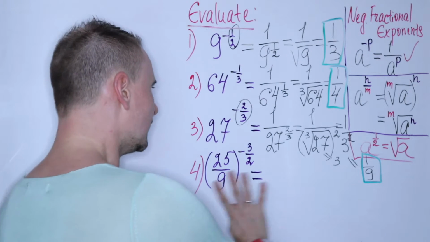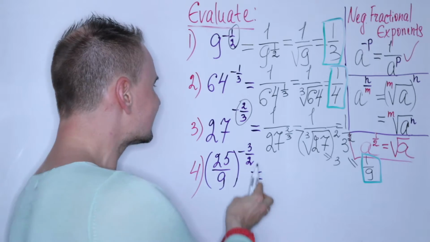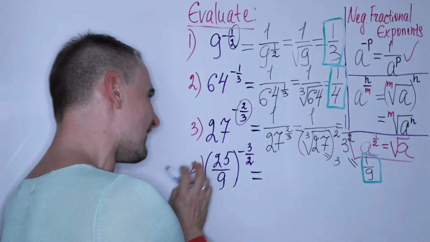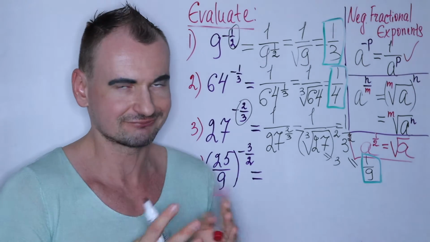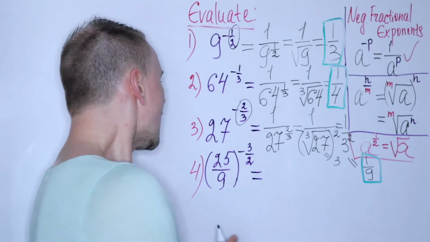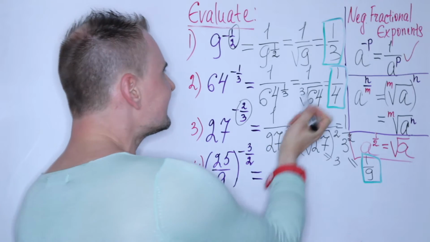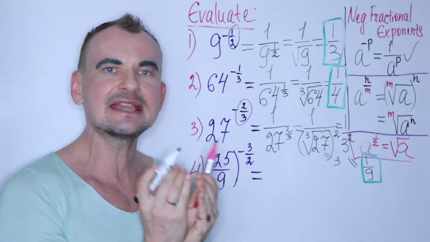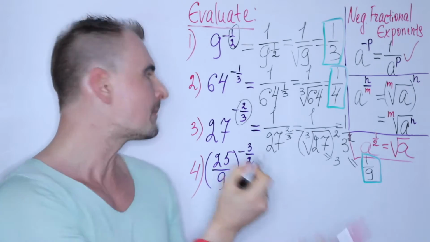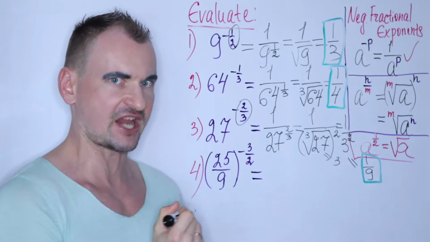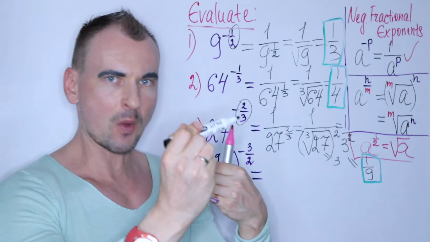Now, moving on, let's say you have been given something like this, a fraction raised to a negative fraction. Well, first of all, since the negative power indicates reciprocation, all you need to do is just swap the top and bottom of this fraction. So turn it over.